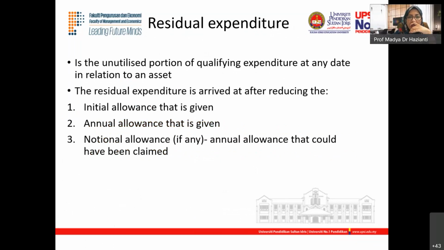Okay, residual expenditure. Okay, ini kalau in accounting kita kira ini ialah our net book value lah. So in accounting, have my pen lah. So if you look at the format here, we call it residual expenditure. The balance lah, maksudnya the balance.